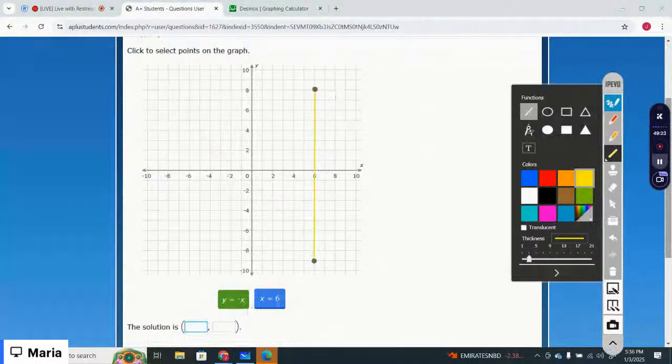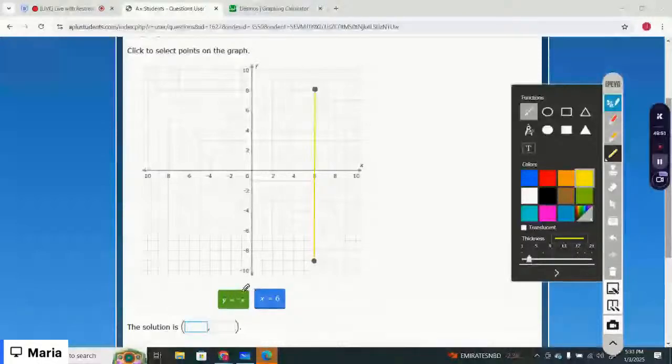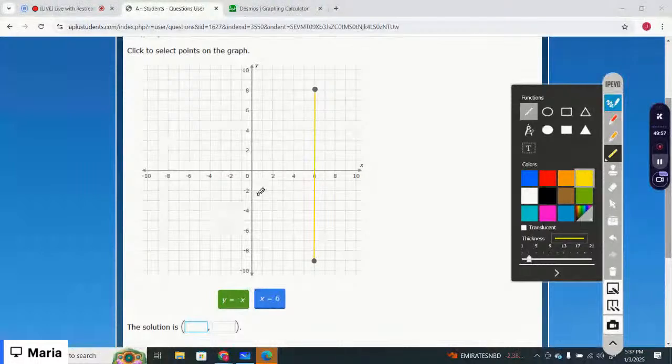Okay, the second one is y equals -x. If I put x equals 1, then y equals -1, right?